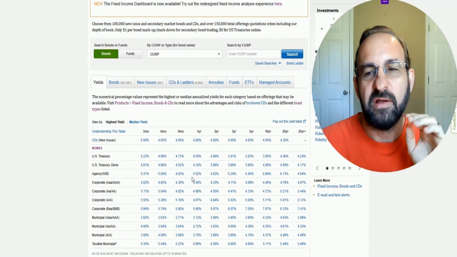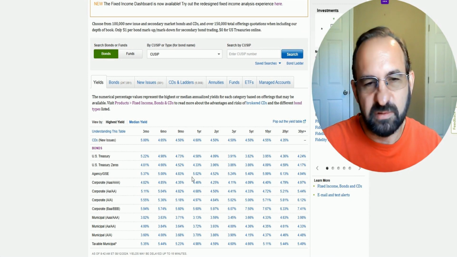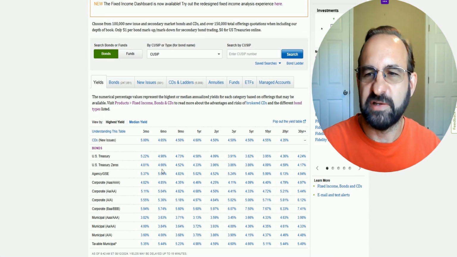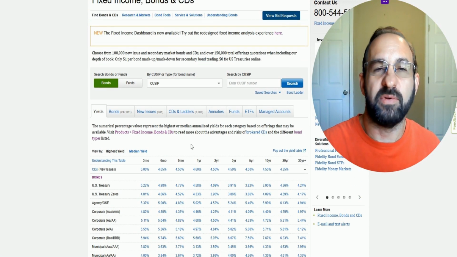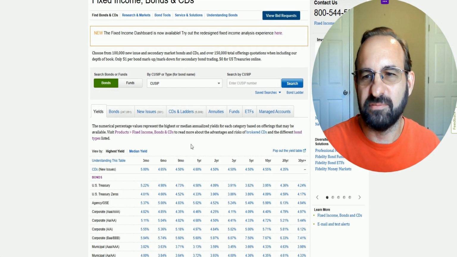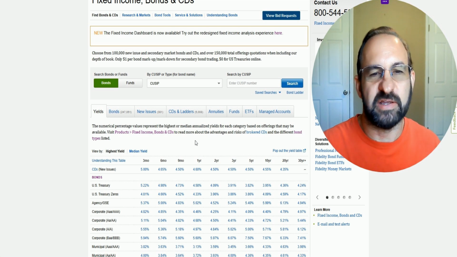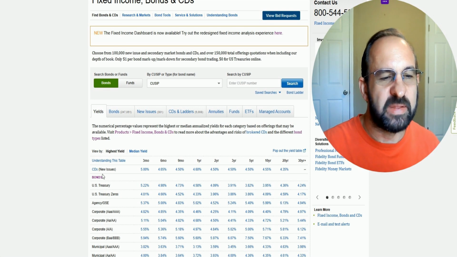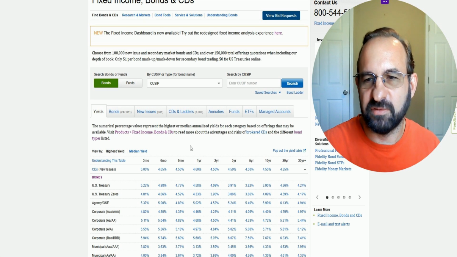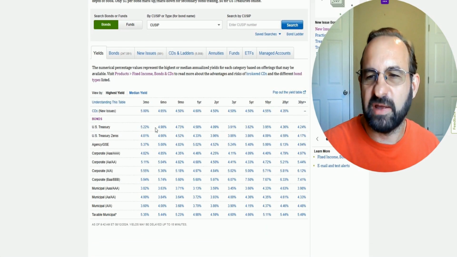Now, there's people out there that talk about selling your bonds and saying they're liquid. I would use that word liquid tongue-in-cheek, because it's not liquid like a stock or an ETF is, or even money in your bank account. A CD is going to be locked up in your CD. The Treasuries you will have too.